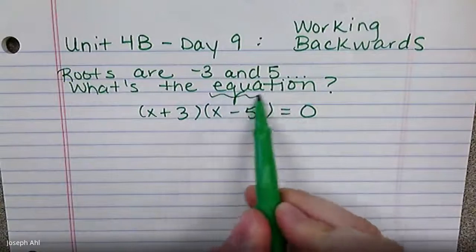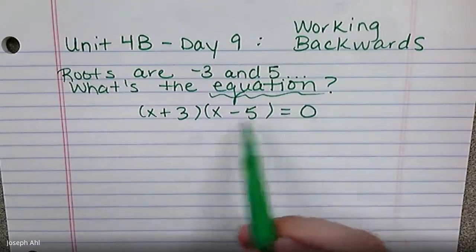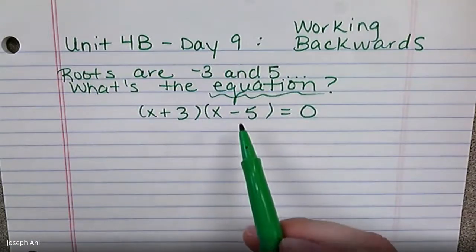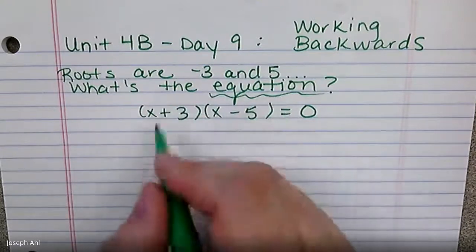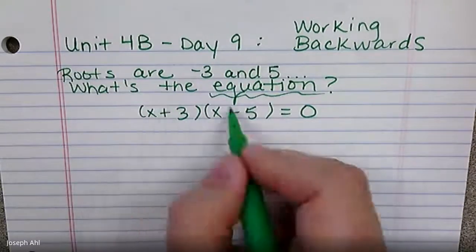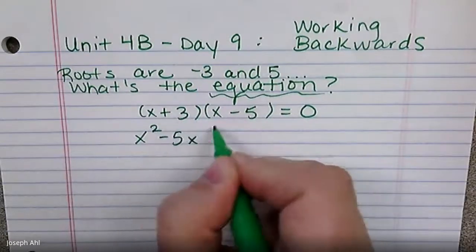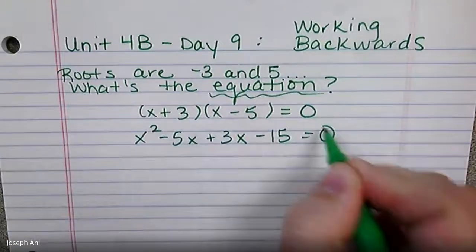And by the way, if I want an equation, it better be set to something. I'm going to choose equals 0 just because when I set this to 0, I get x equals -3 and I get x equals 5. So then we're just going to go ahead and multiply this out, whether it's box method or FOIL, it's up to you. I'll do some quick FOILing to get x squared. Outside is -5x, inside's +3x. Minus 15 equals 0.